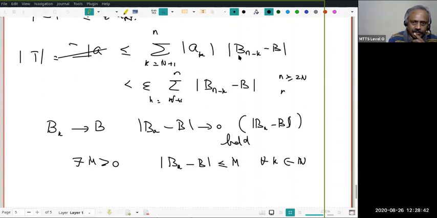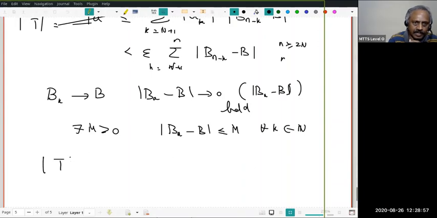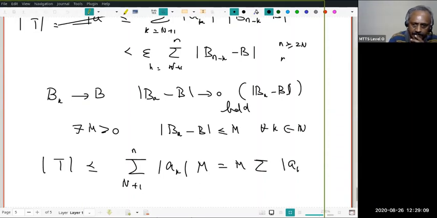So since I am unable to estimate these mod B n minus k minus B terms uniformly, I take a crude estimate. Okay, is that clear? Therefore, I can replace this by M. Therefore, mod T will be less than or equal to the sum of mod A k from n plus 1 to n, times M. Therefore, this is equal to M times the sum of mod A k from n plus 1 to n.